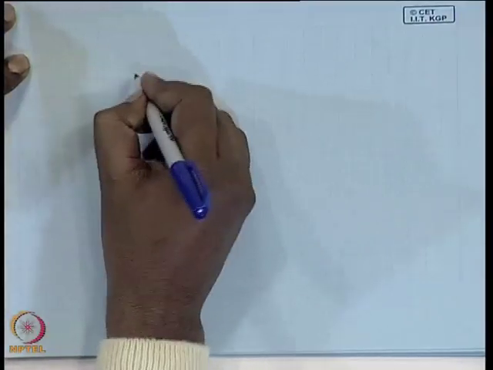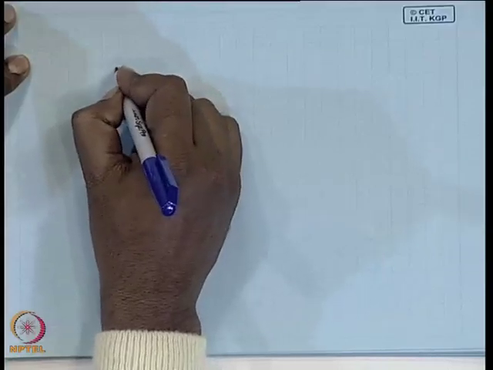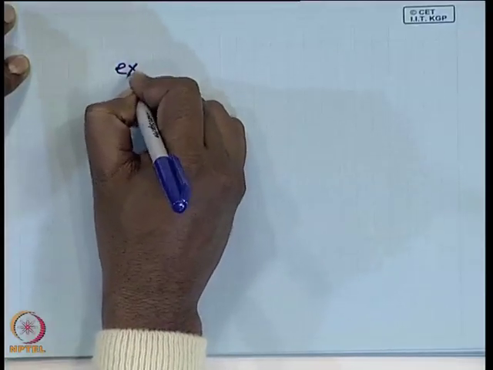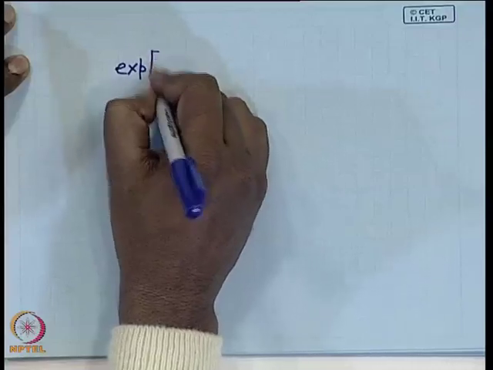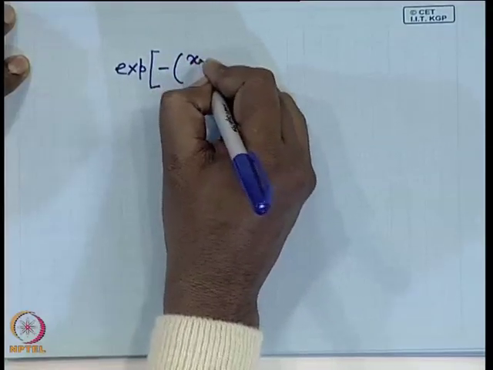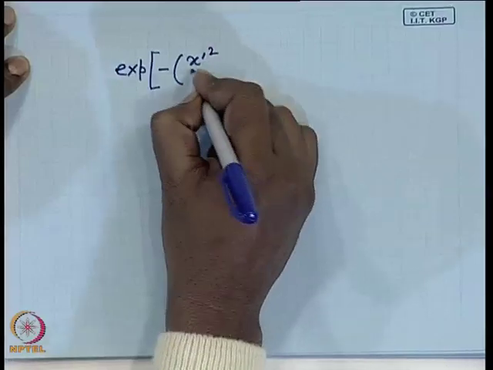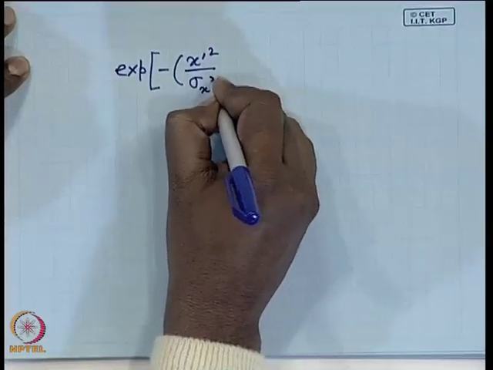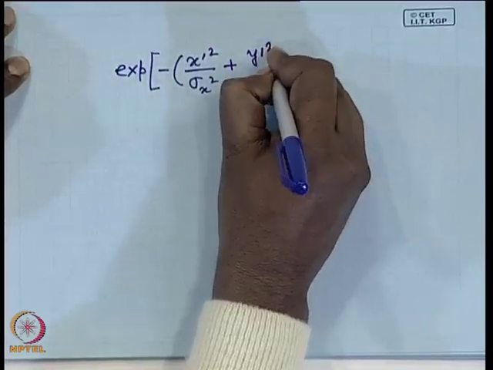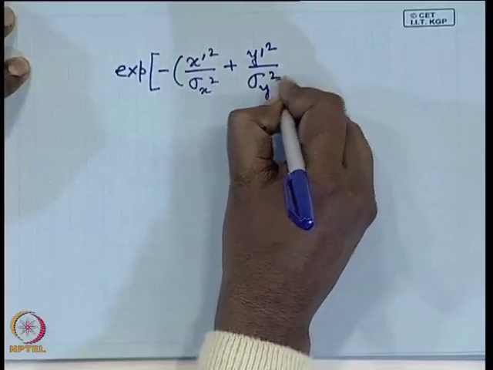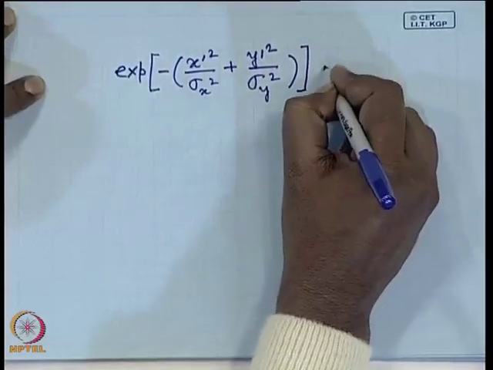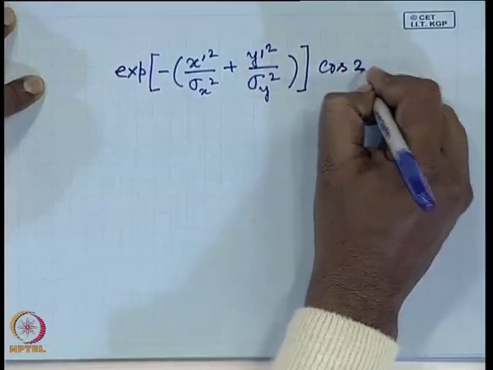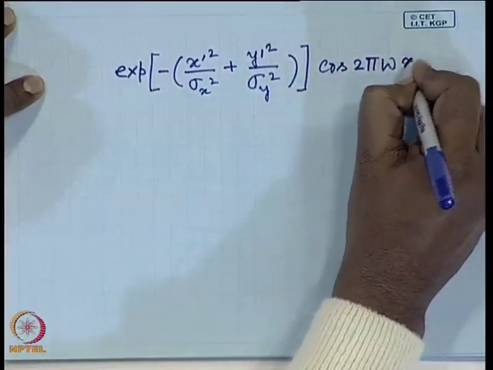A Gabor filter is given by an expression like this: exponentiation of minus x prime square by sigma x square plus y prime square by sigma y square, into cosine 2 pi omega x prime.